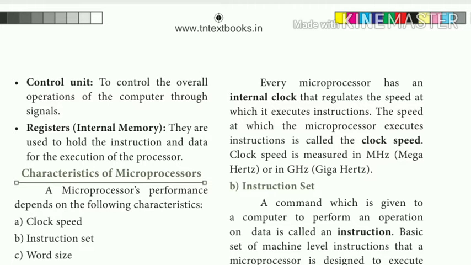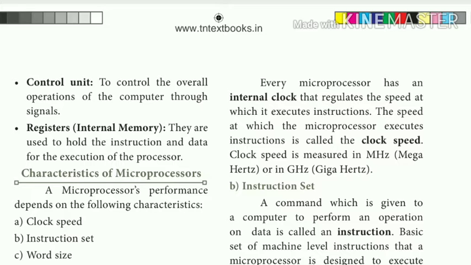The speed at which the microprocessor executes the instruction is called clock speed. It is important to mark what clock speed means: the speed at which the microprocessor executes the instruction is known as clock speed.